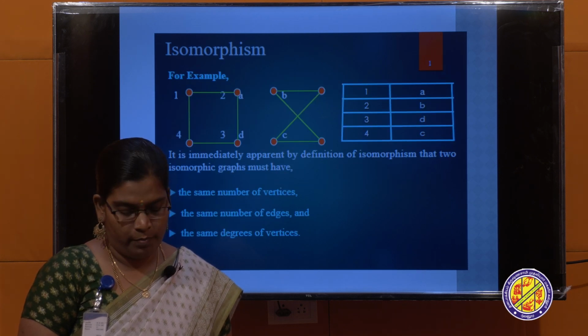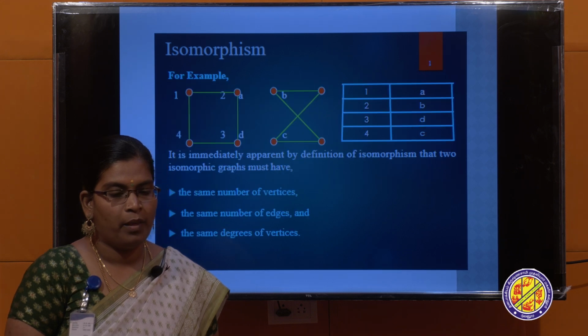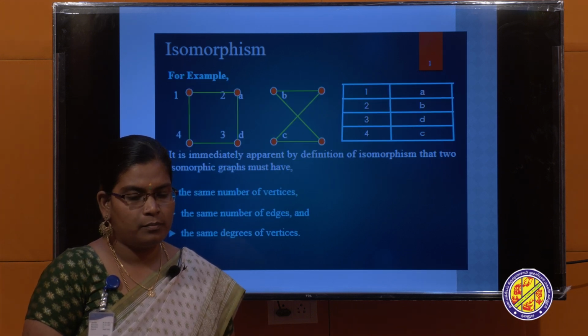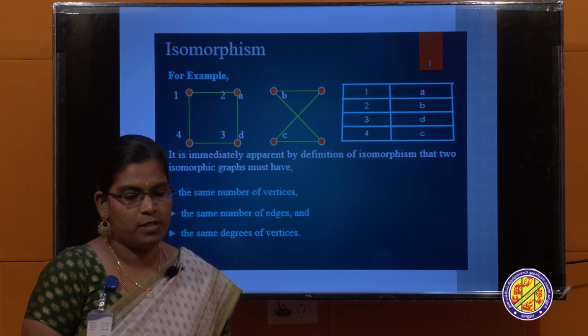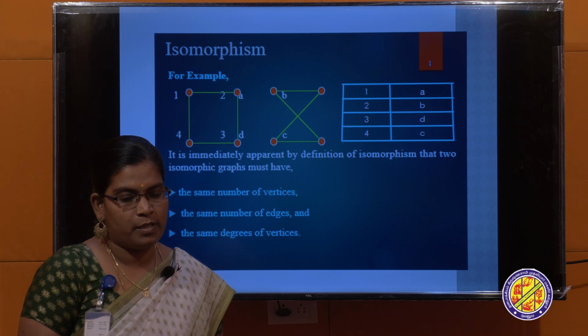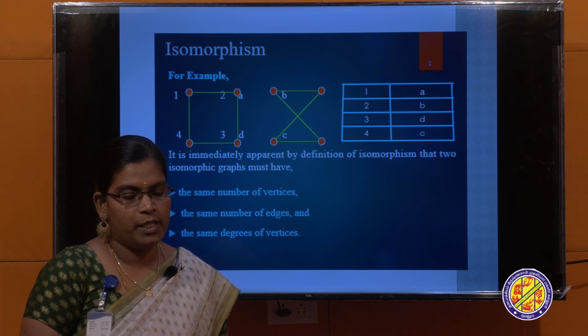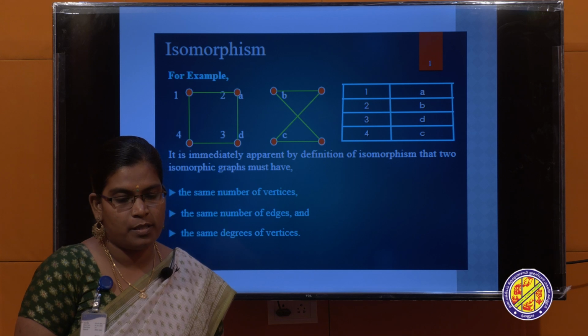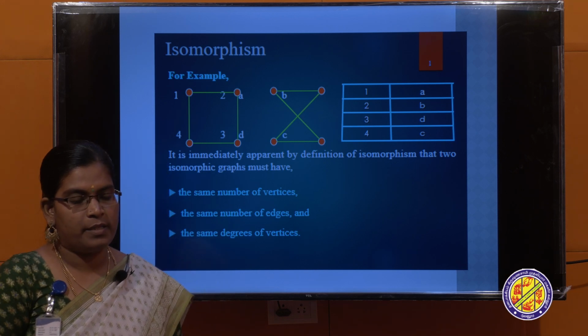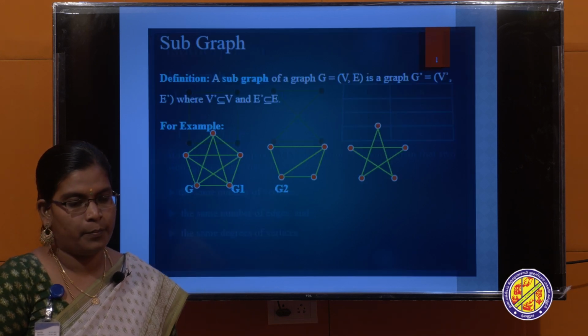It is denoted by G1 is isomorphic to G2. Consider this example. The first one is G1, the second graph is G2. Both graphs, G1 and G2, have the same number of vertices, the same number of edges and the same degrees of the vertices.